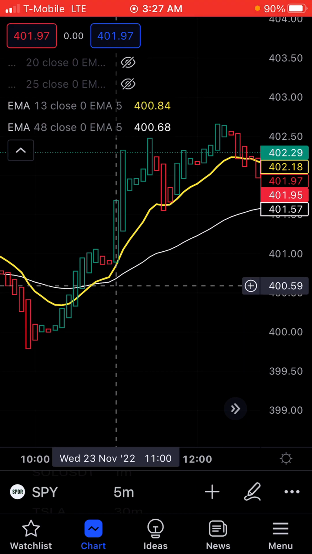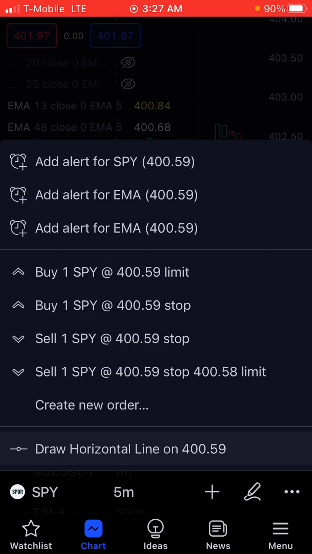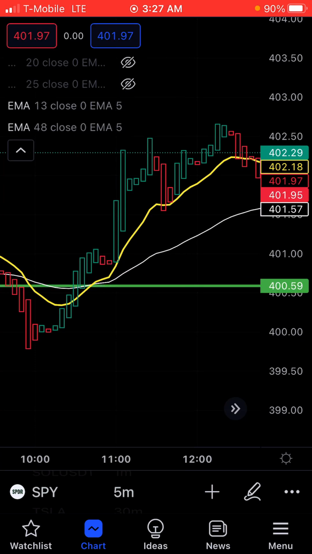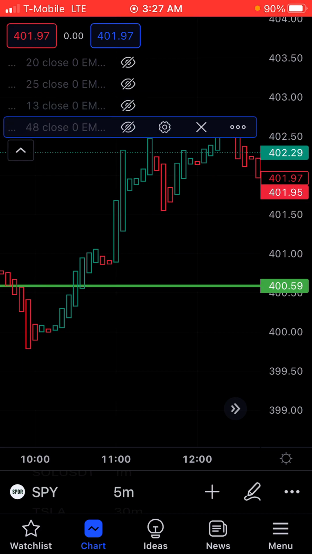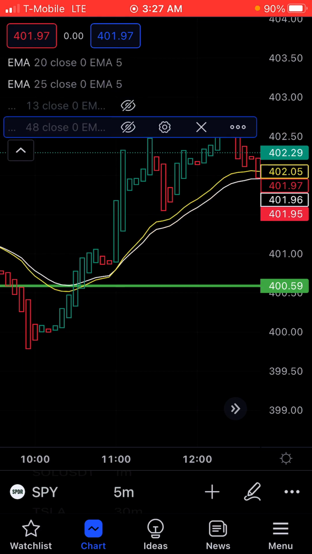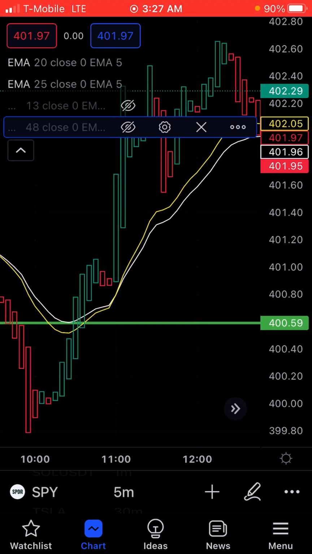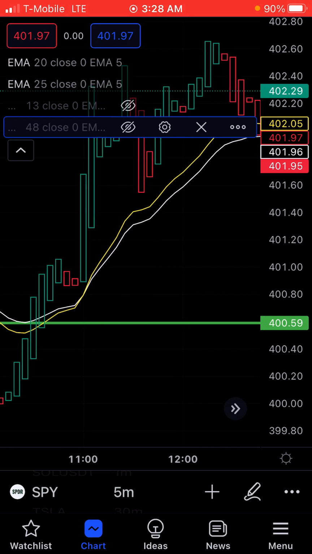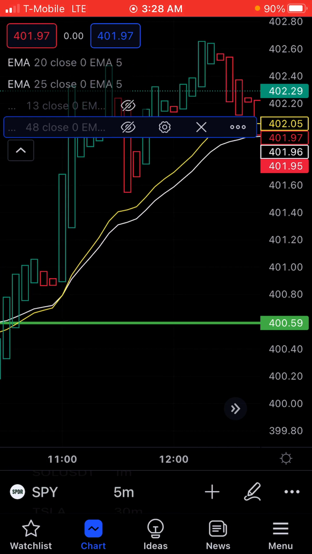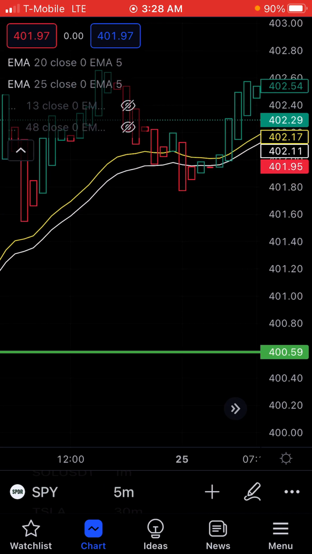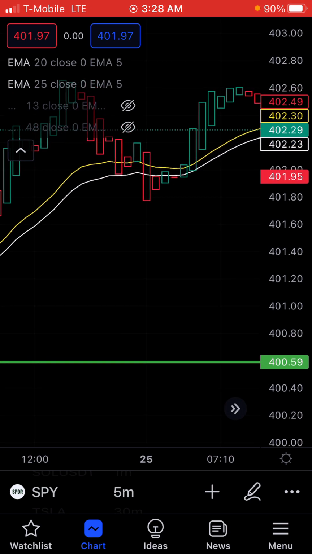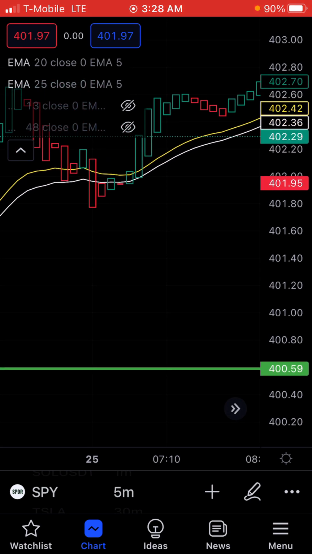I would draw a horizontal line right there, and then I would hide the 1348 because you don't need it anymore. Then you load up the 20 and the 25, and at this point I would do a $400 call option, and you would just follow the line, and the moment that they touch is the moment to get out.